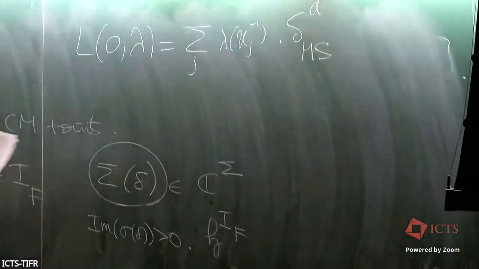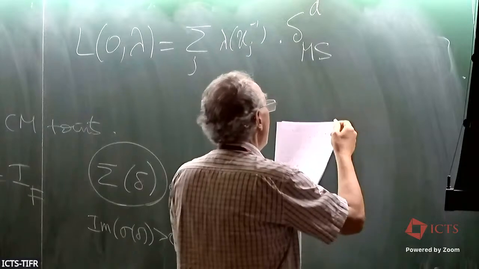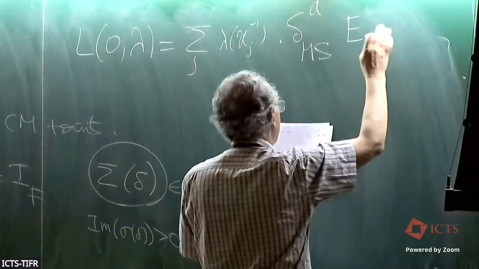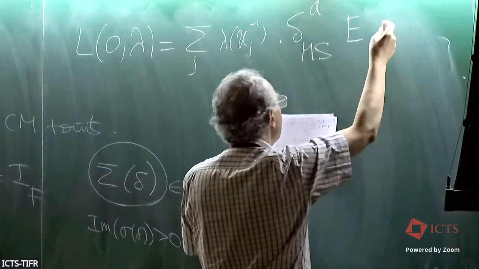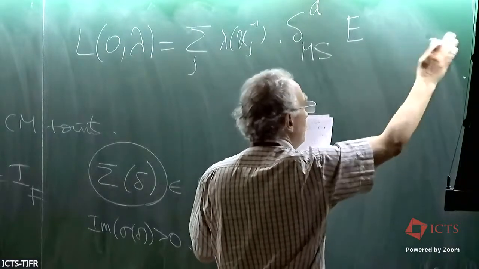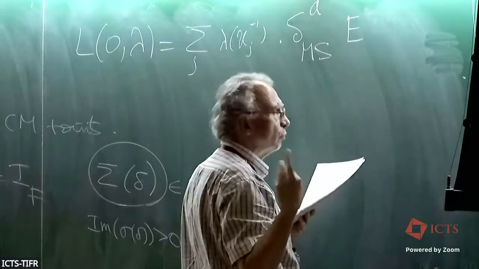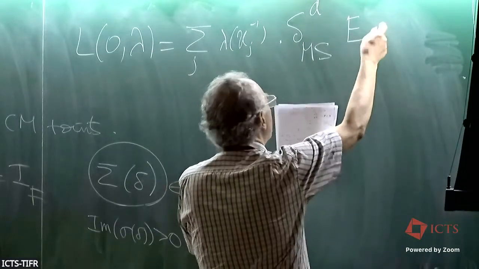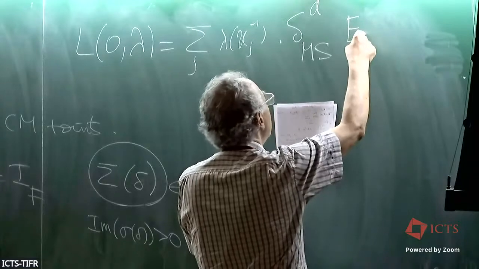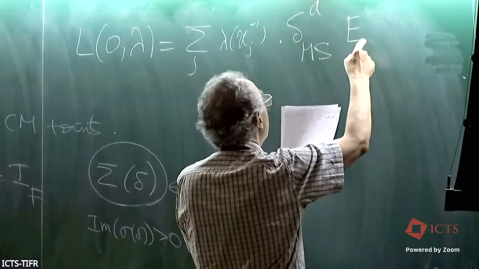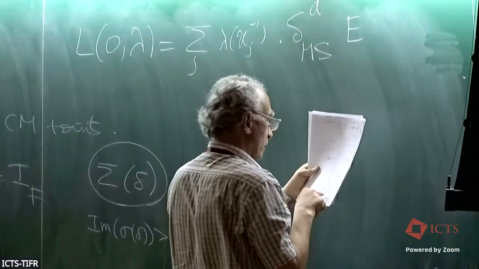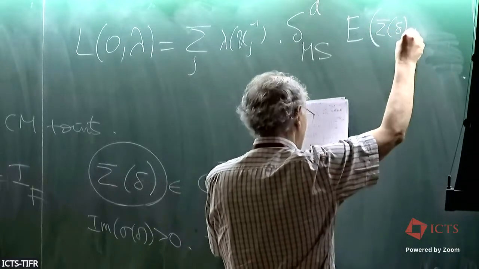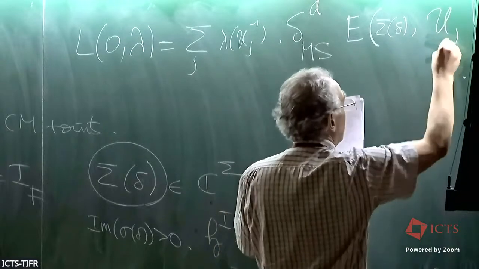And then some Eisenstein series, which is given basically by this lambda finite function by a partial Fourier transform of this Eisenstein series. So you will get some Eisenstein series evaluated at this point, sigma of delta, and this ideal AJ.